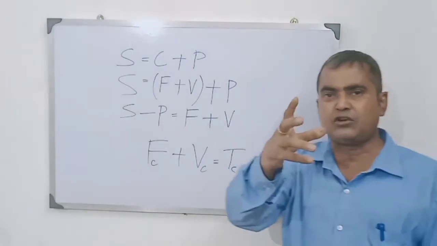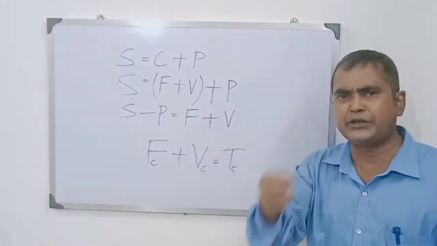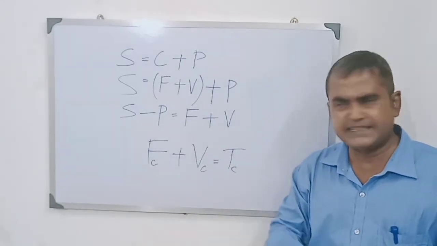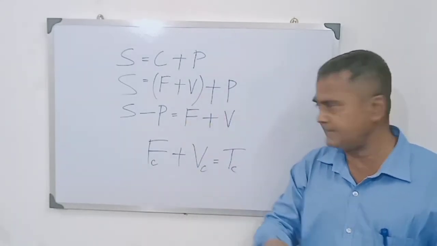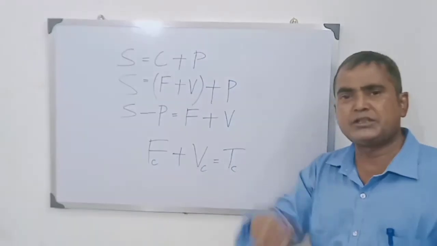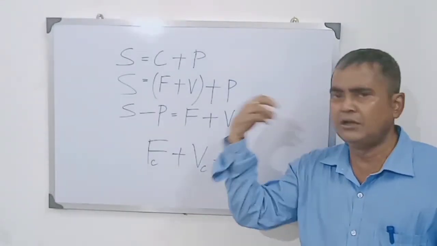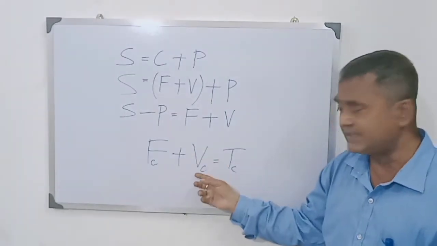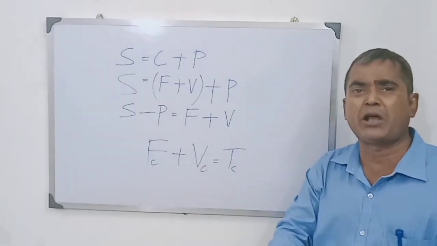Examples of fixed cost, I am just elaborating some points, like rent of the factory site, rent of the office space. Variable cost is the raw material cost, or indirect labor, or the fuel used in the production.